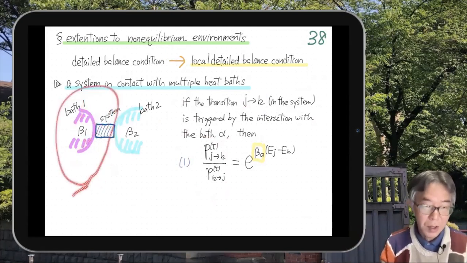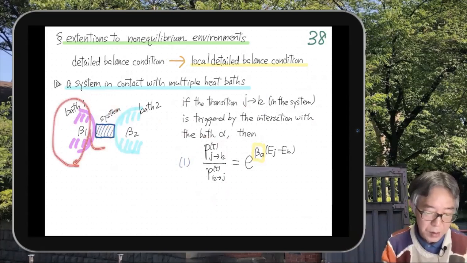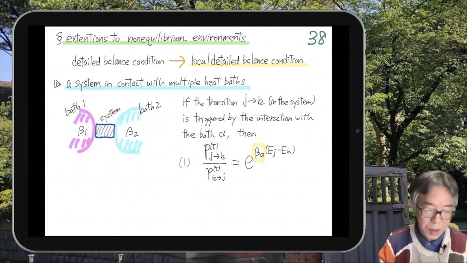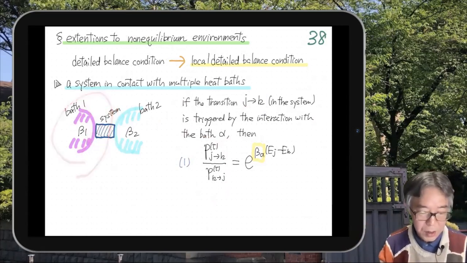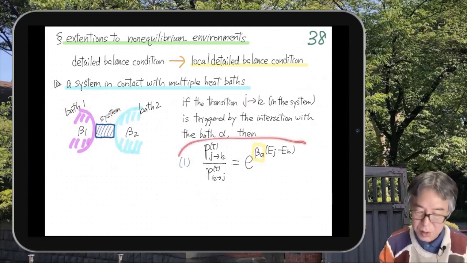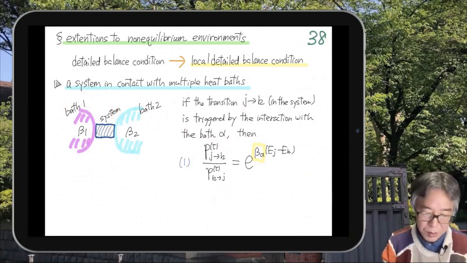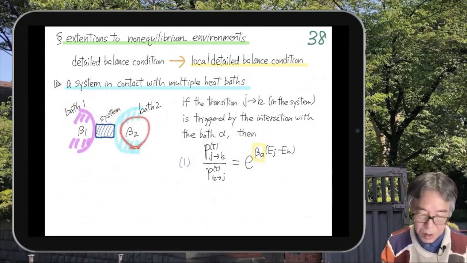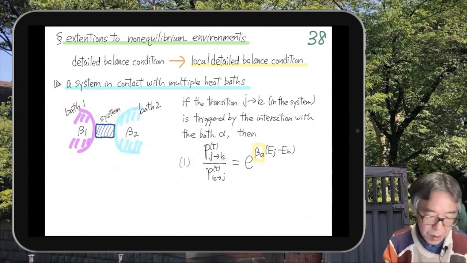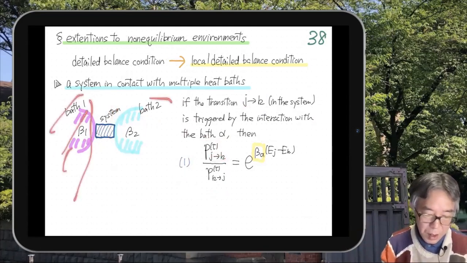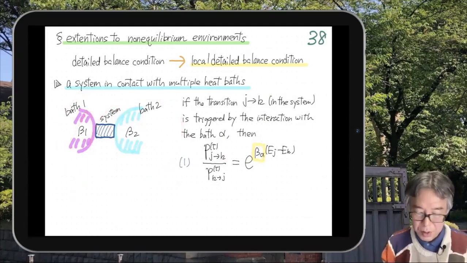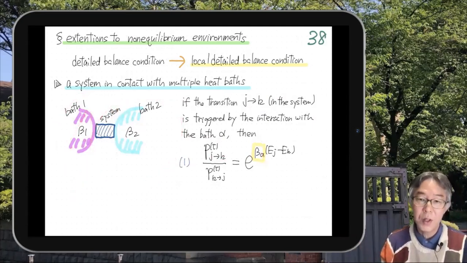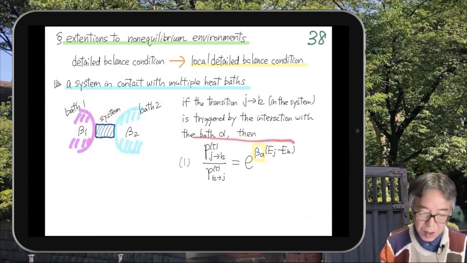Everything is the same. We have a single heat bath with the system, and everything obeys Newtonian mechanics, and then you get this. If the system interacts with heat bath 2 when this transition happens, then you forget about heat bath 1 and repeat the previous consideration, then you get beta 2 here. In this way you get this.